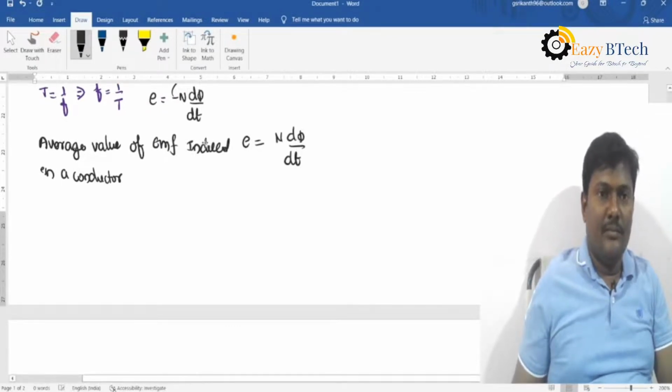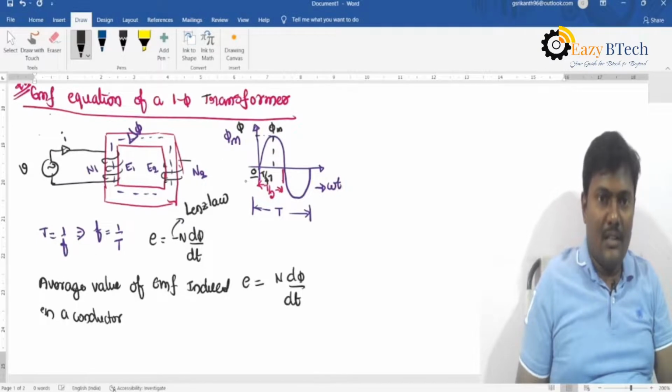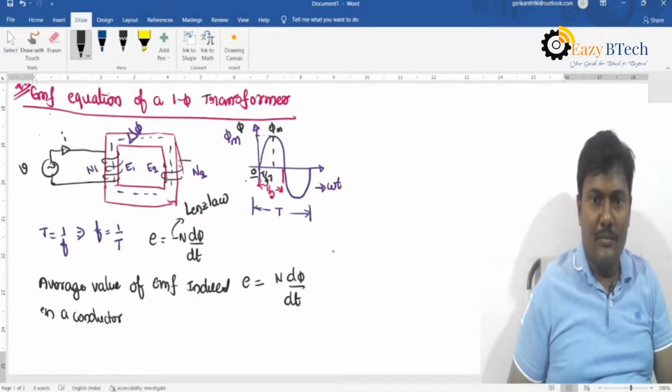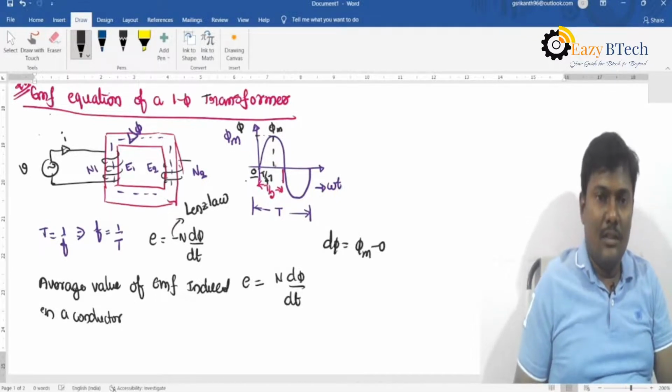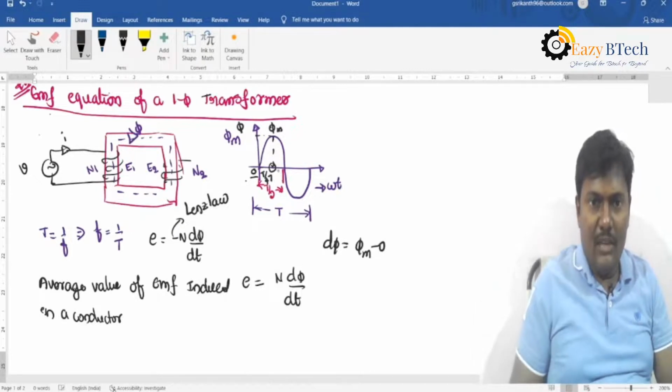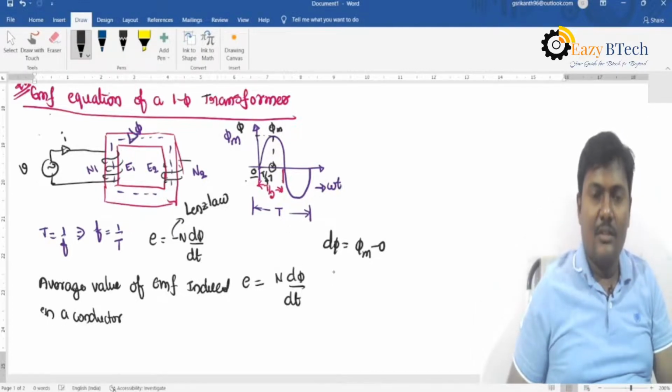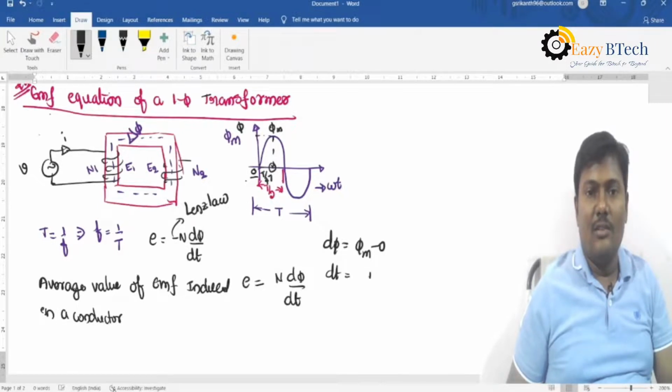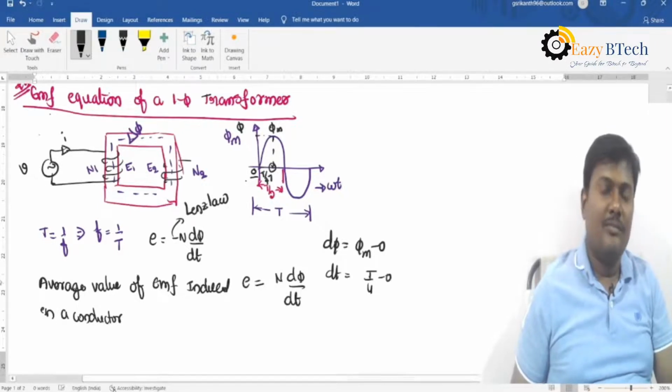See here, when the flux changes from 0 to phi maximum, d phi is equal to phi max minus 0. So the time is also increased from 0 to T by 4. This portion is T by 4. So dt is equal to T by 4 minus 0.